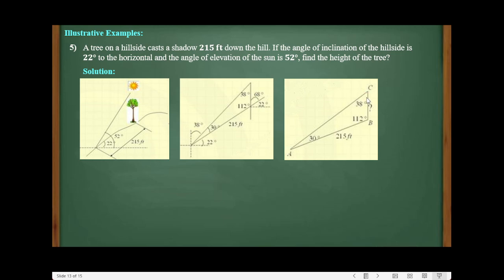So basically, from this triangle, we are actually looking for the length of segment BC here. Now, this is the given side, and its opposite angle is the 38-degree angle C. So basically, from this triangle, we can now compute for the length of segment BC using the law of sine.